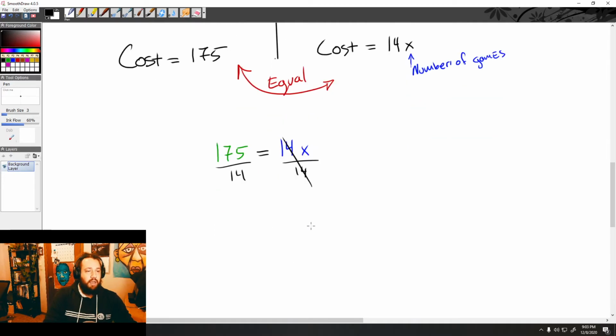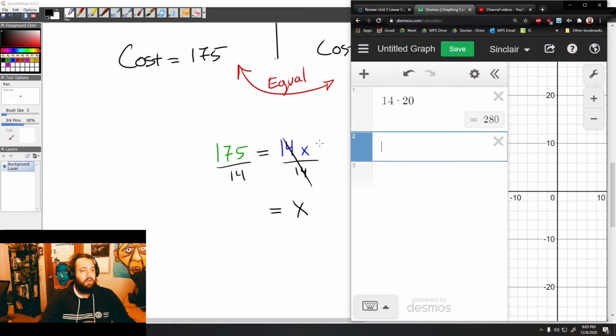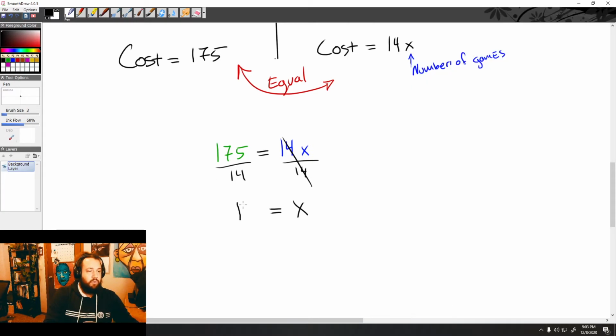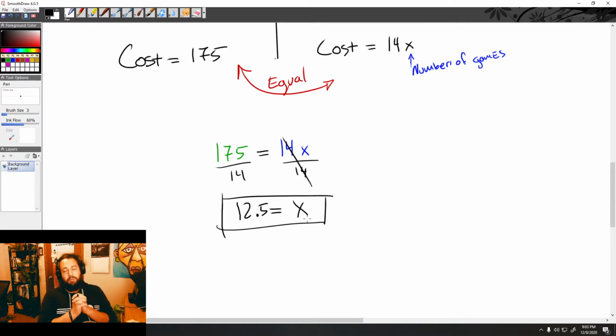And I'm going to get x equals whatever 175 divided by 14 is. And that's 12.5. So if he goes to more than 12 games, he should buy the season pass.